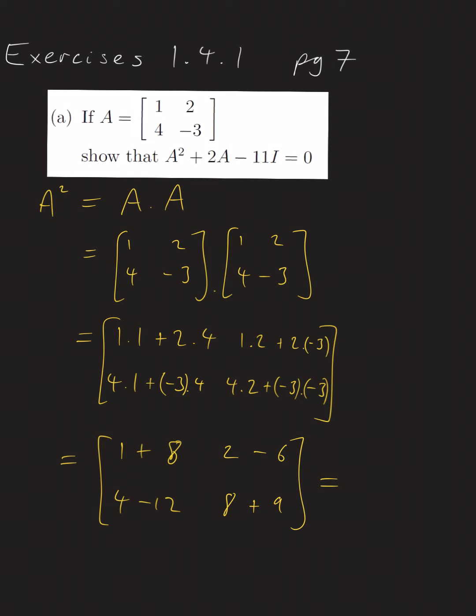And finally I add those up. 1 plus 8 is 9, 2 minus 6 is minus 4, 4 minus 12 is minus 8, and 8 plus 9 is 17. So there is the matrix A squared.